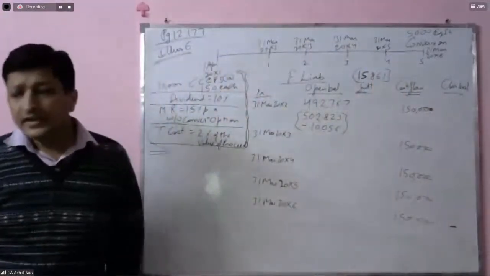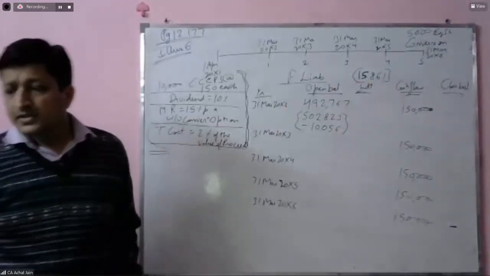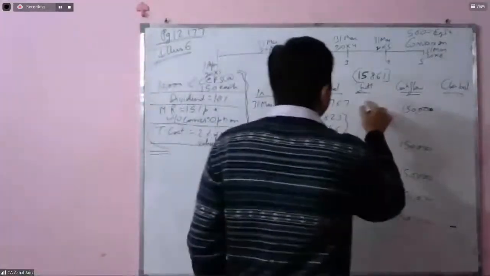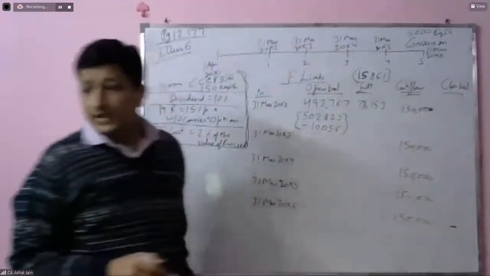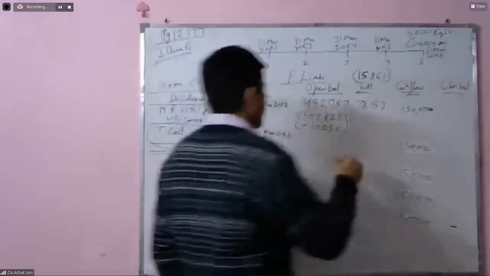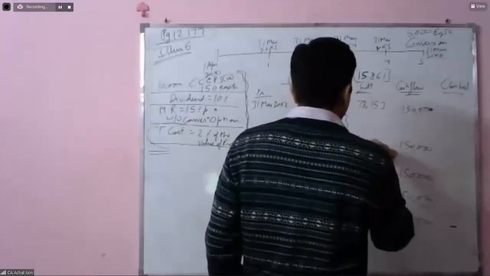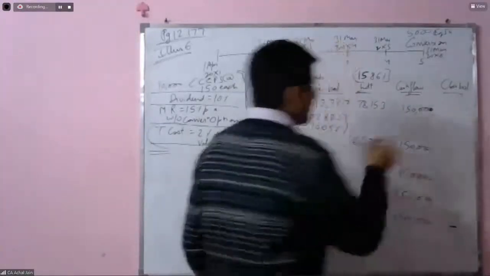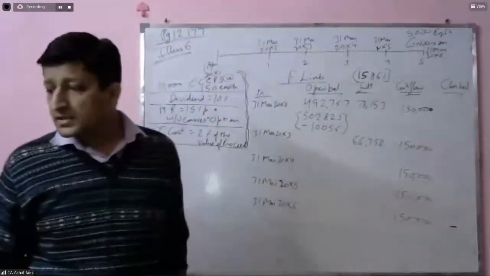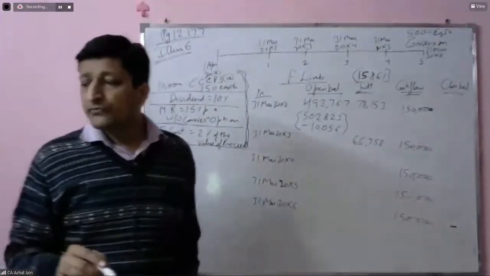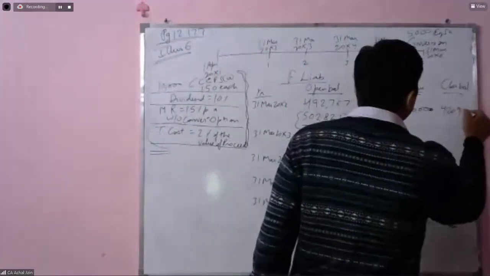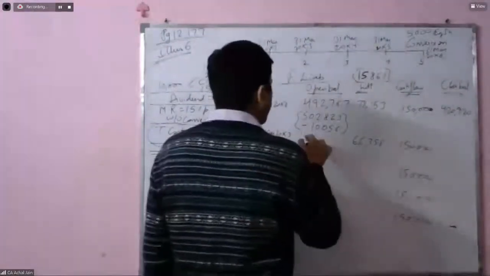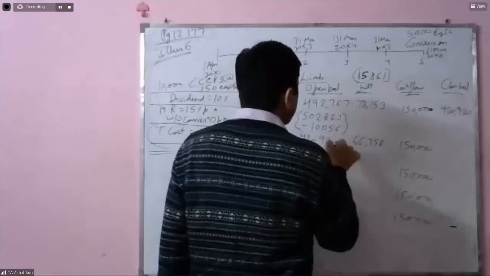We can compute the interest year on year: 78,153 in the first year. Then we have 66,758. And we can also compute the closing balance in the first year. It becomes 4,20,920.